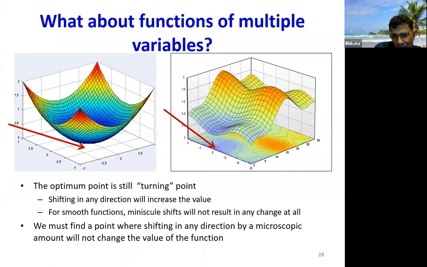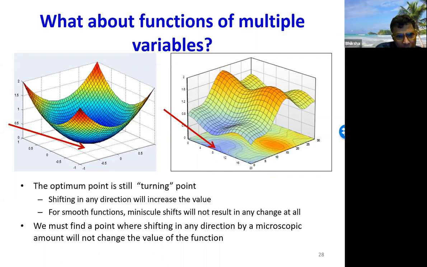And so to find a minimum or any turning point, we must find a point where shifting in any direction by a microscopic amount will not change the value of the function, and shifting by a little more than a microscopic amount will increase the value of the function because the derivative is 0 at the minimum, right?